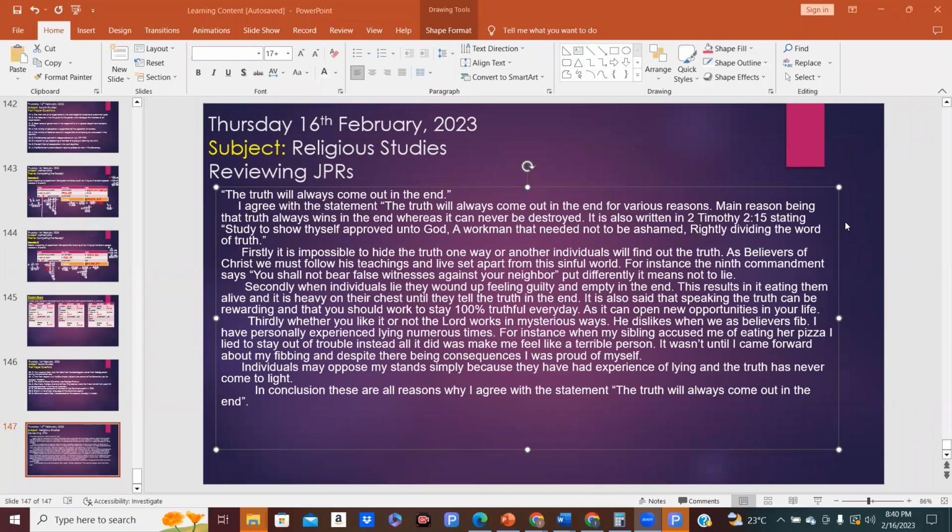It is also said that speaking the truth can be rewarding and that you should work to stay 100% truthful every day as it can open new opportunities in your life. Thirdly, whether you like it or not, the Lord works in mysterious ways. He dislikes when we as believers fib. I have personally experienced lying numerous times. For instance, when my sibling accused me of eating her pizza, I tried to stay out of trouble.